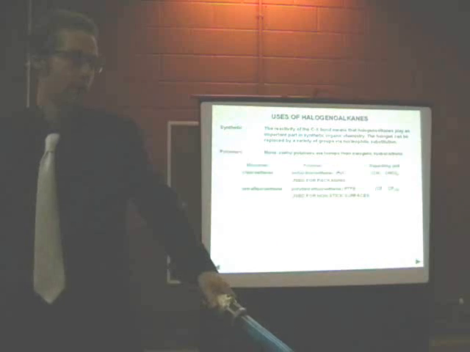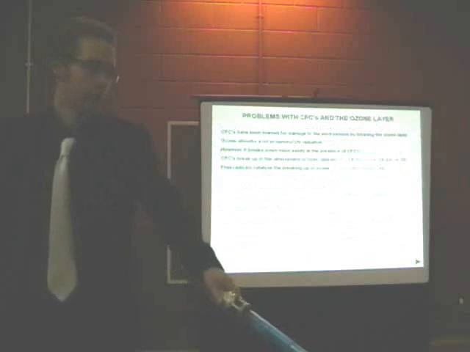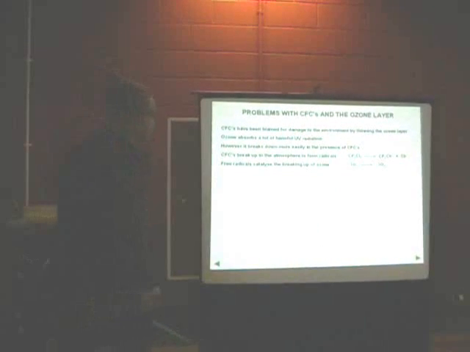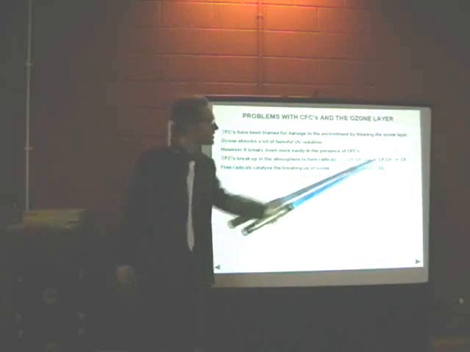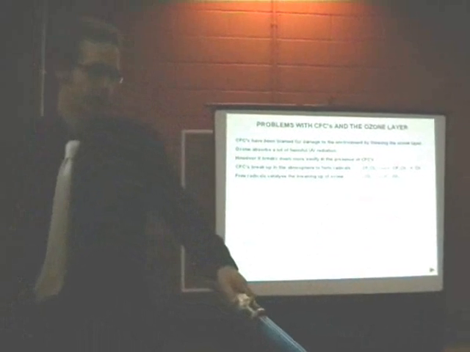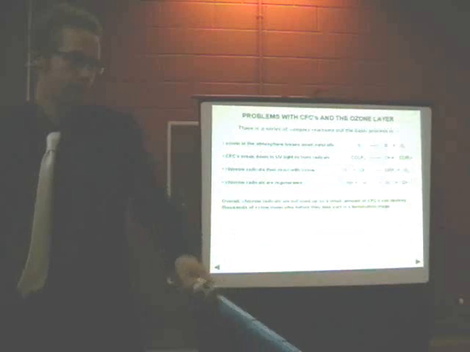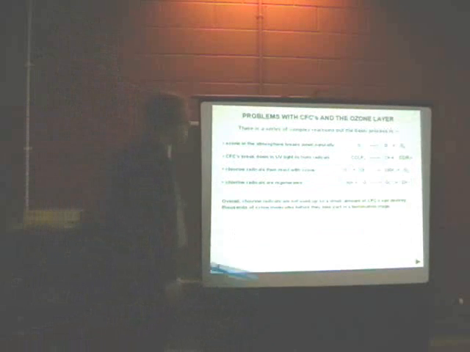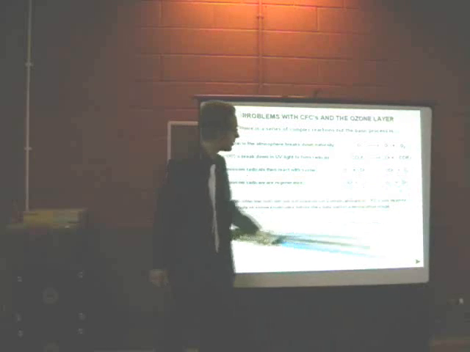Okay. Haloalkanes, we've talked about polymers, and that's all I really want to say about haloalkanes. Quick reminder about the ozone layer though. Okay? CFCs get broken up, produce chlorine radicals, and the chlorine radicals then break up ozone. Here's the reaction for that. O3 plus Cl dot goes to ClO dot plus O2.